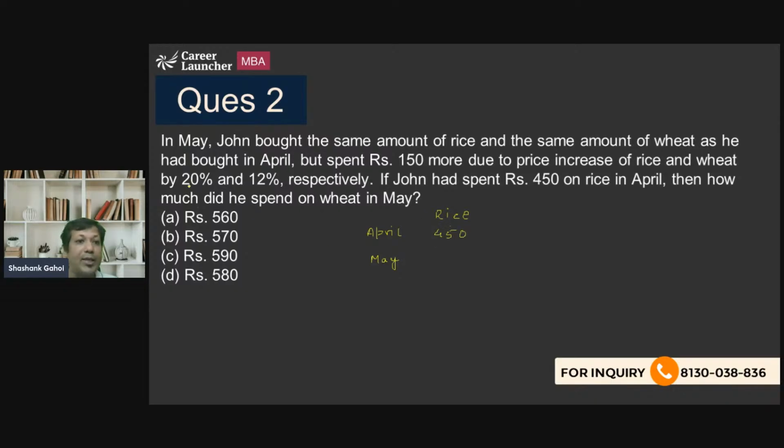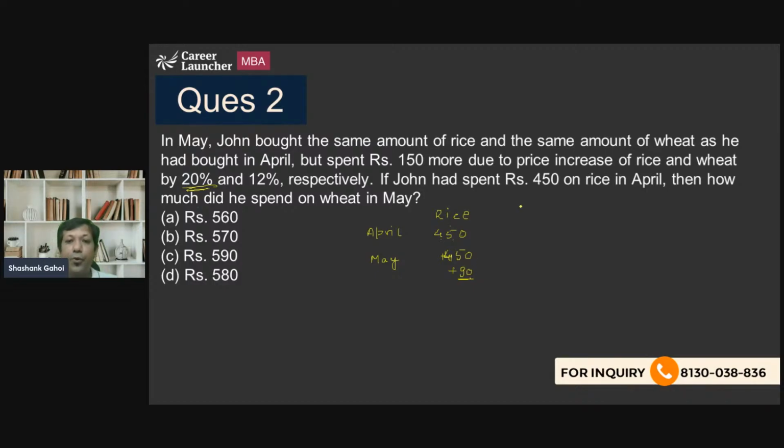The price of rice increased by 20%, and because the quantity he's buying is the same, the total expenditure will also increase by 20%. So a 20% increase means 20% of 450, which is 90. So the total expenditure on rice in May is going to be 450 plus 90. So there is an increase of 90 rupees in the expenditure on rice.